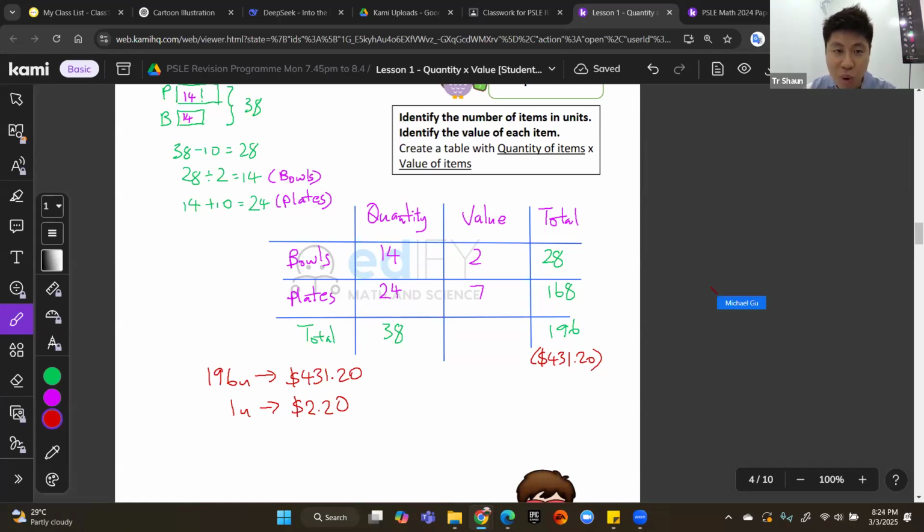Can you circle here? Is this the value? This is the quantity. So this is the quantity. This is correct, so this becomes the value. Thank you, Michael. Okay, so this is the value.